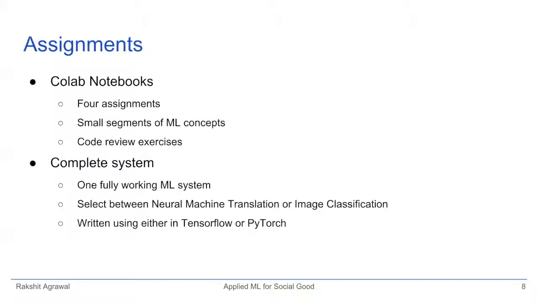And there would be a choice for using TensorFlow or PyTorch. So early on in the class, I'll be using more of PyTorch, but TensorFlow has recently announced TensorFlow 2.0, which is quite different from TensorFlow in general.